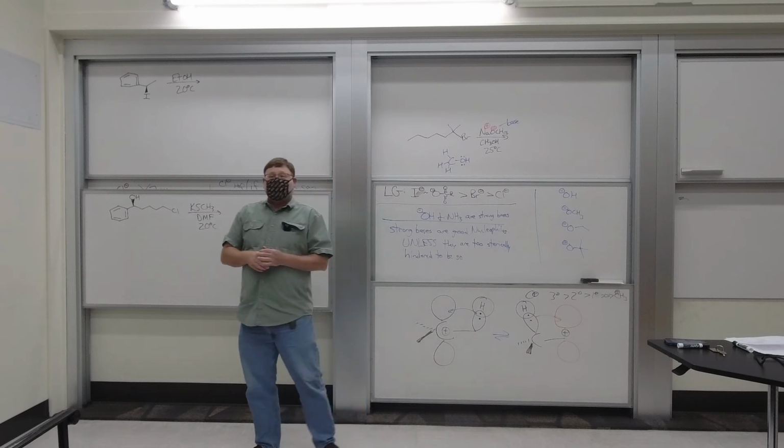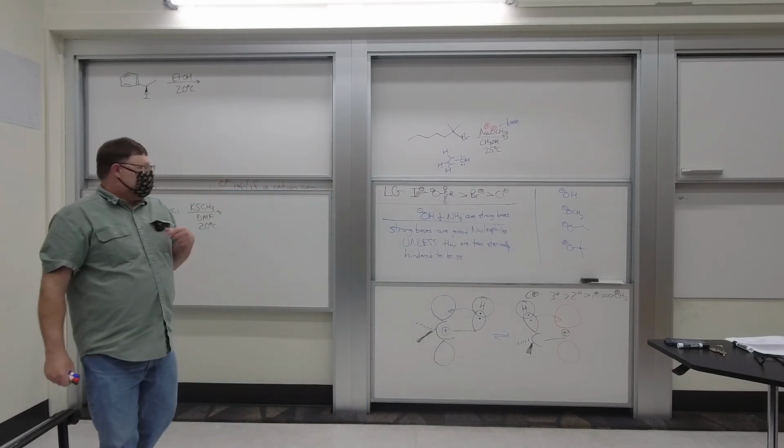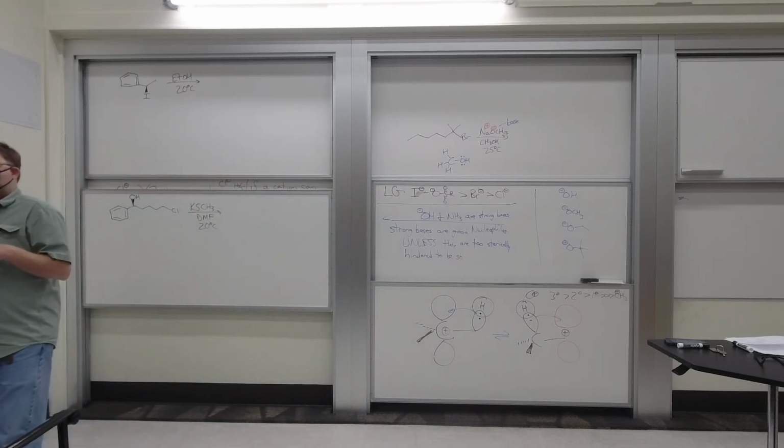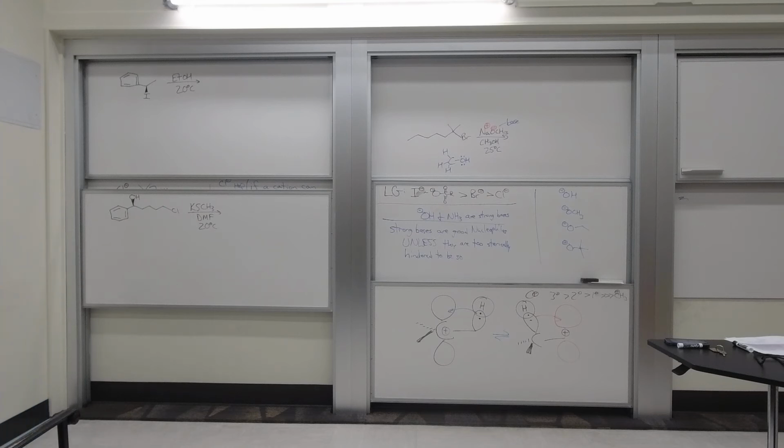So there are 4 bases: hydroxide, methoxide, ethoxide, and T-butoxide. In terms of base strength, they're all right around the same level, okay?